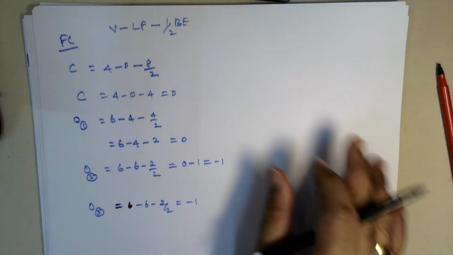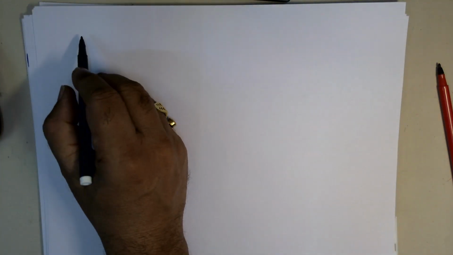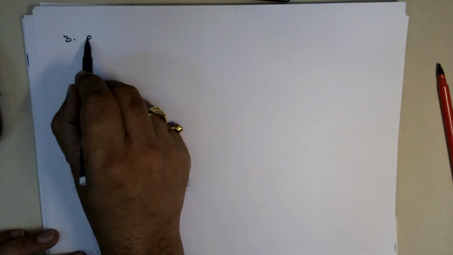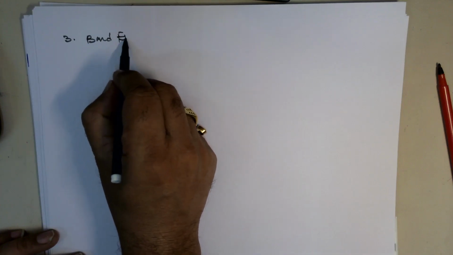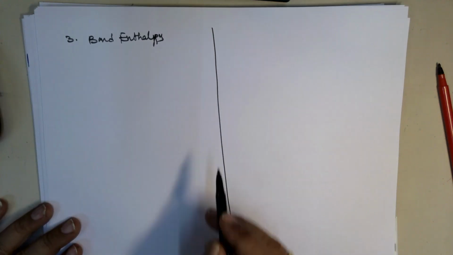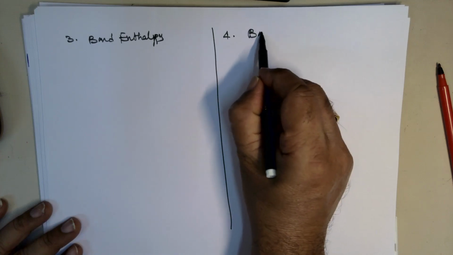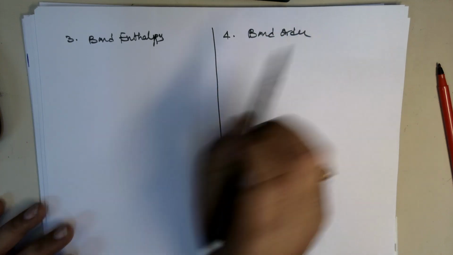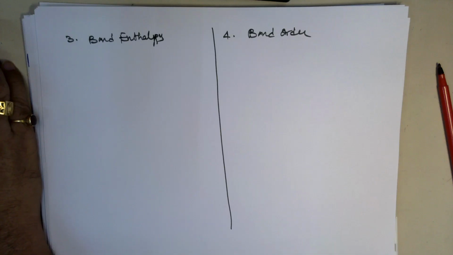Three, bond enthalpy. Four, bond order. So all these four properties or parameters are very, very important.